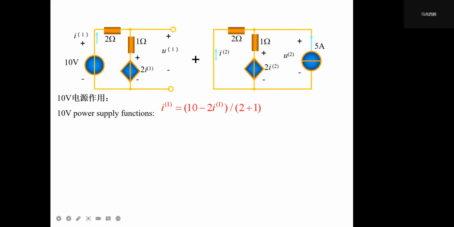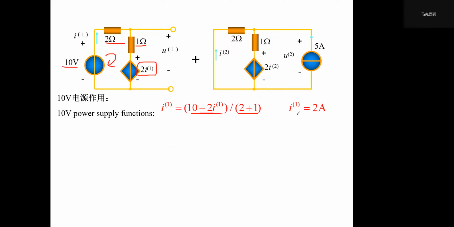In this loop, the total resistance is 2 plus 1. And since the voltage of the 10 volt voltage source is referenced in the opposite direction to this control source, we give the control source a negative sign ahead of it.